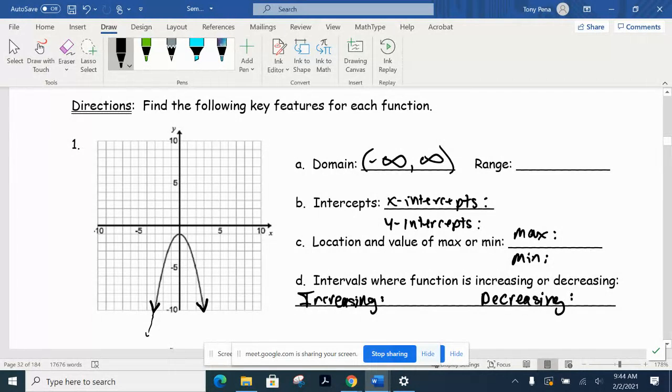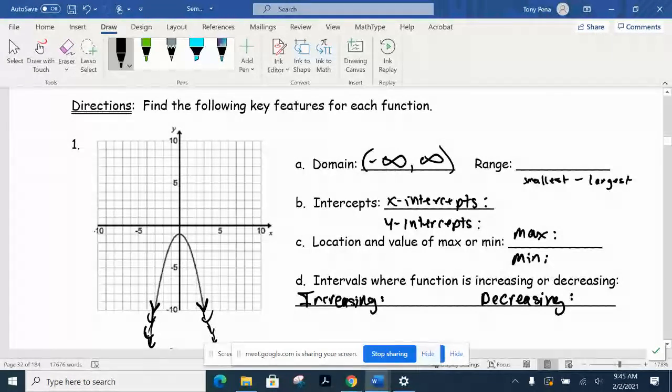The range, that's your smallest y value to your largest y value. So if we start talking about the smallest, if this thing continues to go down forever and ever, do we ever really hit a smallest value?